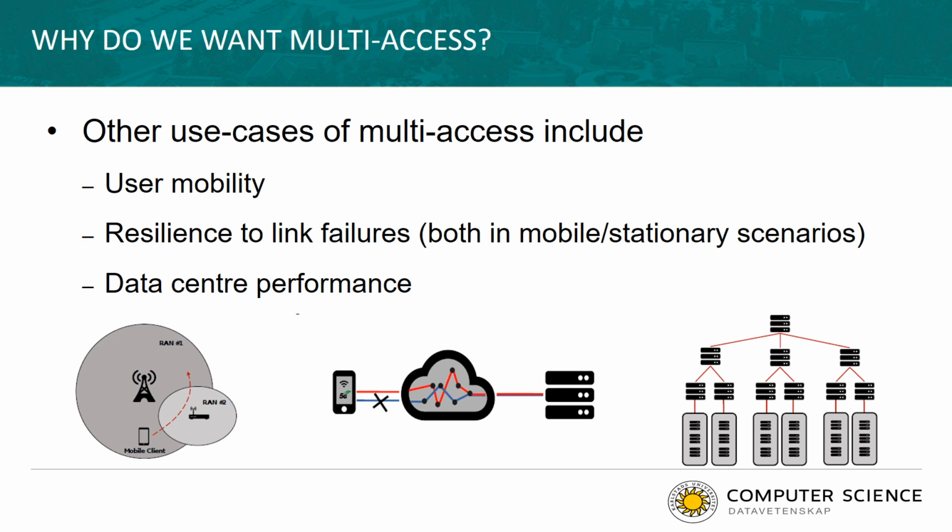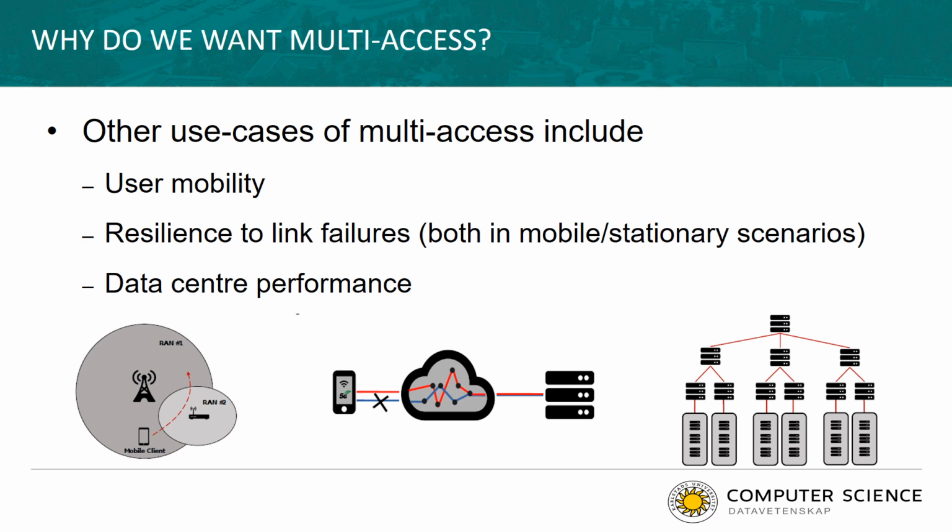And this is similar to also the resilience to link failures. So this may happen both in the mobile scenario, but also in stationary scenarios. Maybe one of our links fail, and then it's beneficial if we have a backup link that we can also use for the communication. Or if we are communicating over both paths simultaneously and one of them goes down, our connectivity should stay up, but maybe we just have the ability to transfer less data.